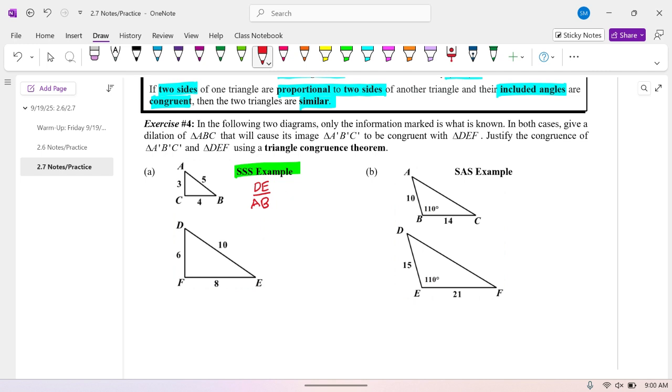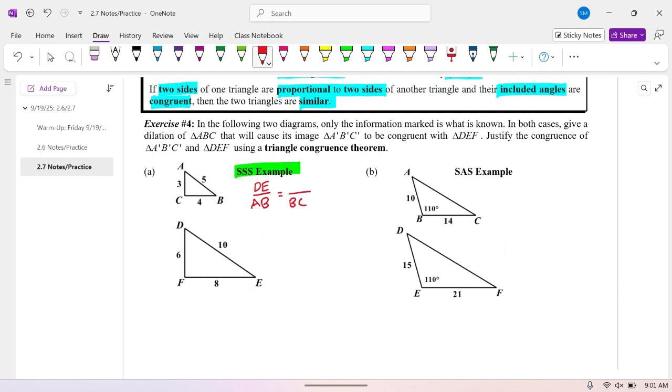And if you don't know which one's which, like if it doesn't flat out say that ABC mapped onto DEF, it doesn't matter where you put it as long as you keep what triangle you use in the numerator and what triangle you use in the denominator consistent. All right. So what about BC?